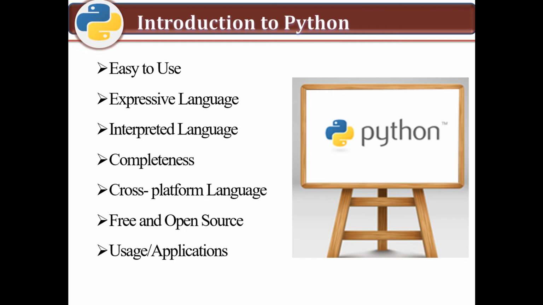It's also used in web applications and game development, so you can create games with the help of Python. It's also used in system administration and rapid prototyping, so you can develop GUI programs or software. You can also design database applications with the help of Python.